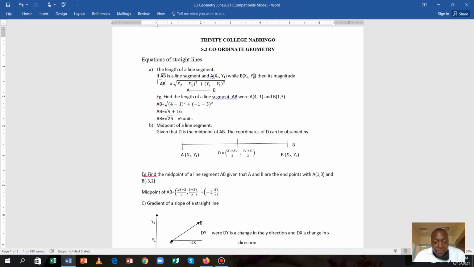In chapter 3, we look at the gradient, or what we call slope, of a straight line. Slope or gradient, we are basically looking at the steepness or gentleness of a slope.